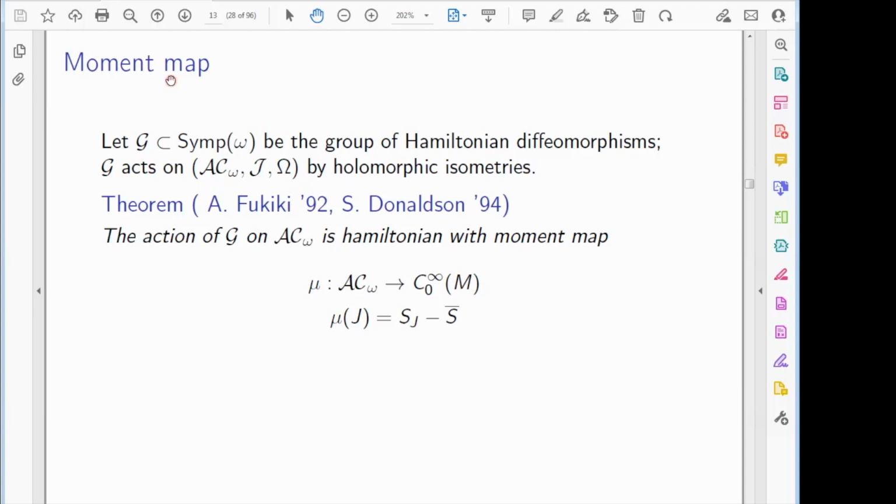It's a Hamiltonian isotopy if these vector fields have Hamiltonian functions that vary smoothly with t.